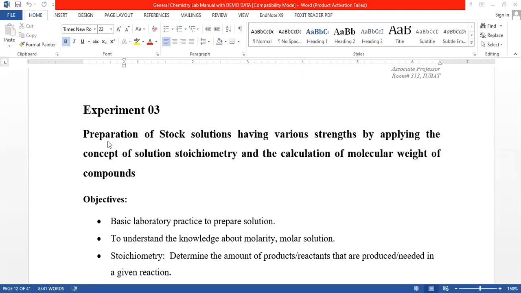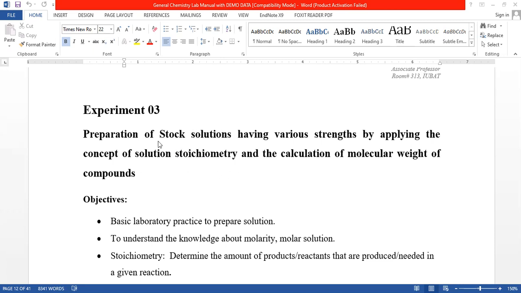So the name of today's experiment is preparation of stock solutions having various strengths by applying the concept of solution stoichiometry and the calculation of molecular weight of compounds. Here a few things could be unfamiliar to you, especially the stoichiometry.